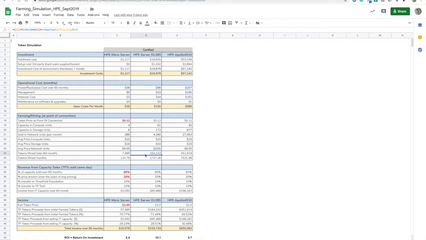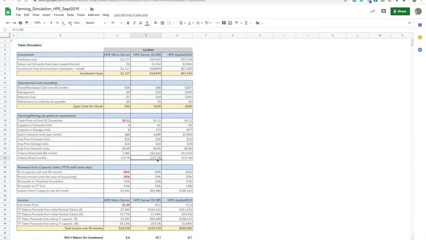So your box, using this total sales capacity available in 5 years, 60 months, divided by the difficulty factor of 8, you'll farm 164,000 tokens over a little bit more than 5 years. Divided by 60, you will get 2,740 tokens per month, because you will only get these tokens if you meet your SLA. Your SLA is your own specified SLA.